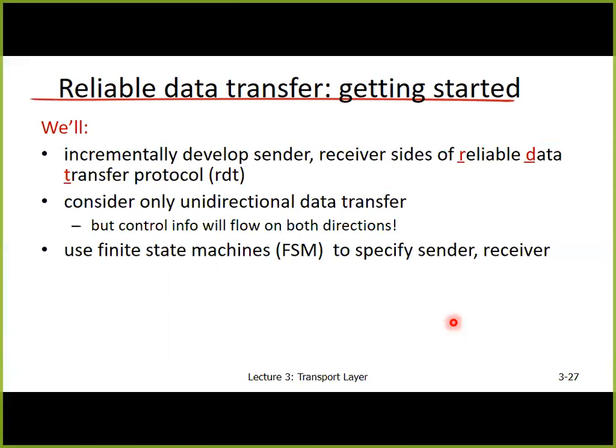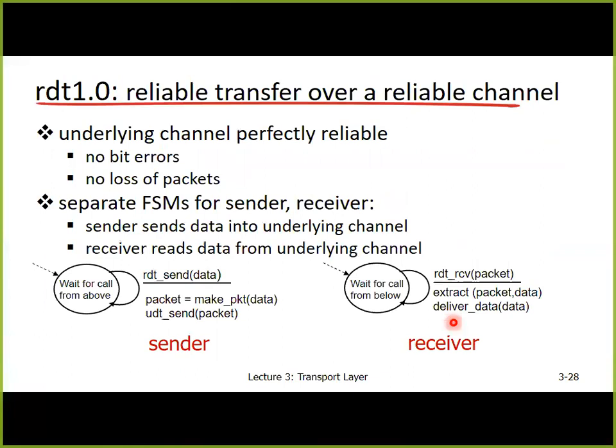So let's do reliable data transfer version 1. Our underlying channel is perfectly reliable, which means we have no bit errors and no loss of packets. You have separate finite state machines for the sender and receiver. The sender sends data into the underlying channel, and the receiver reads data from the underlying channel.